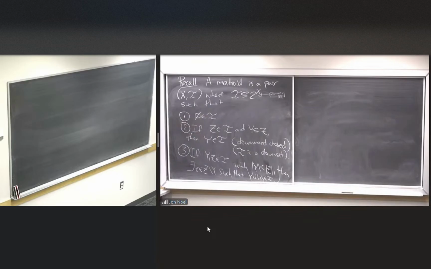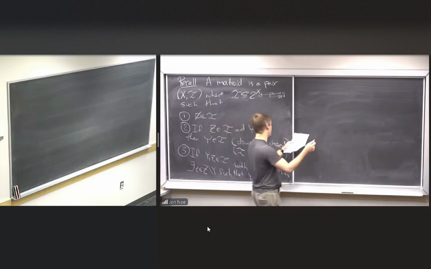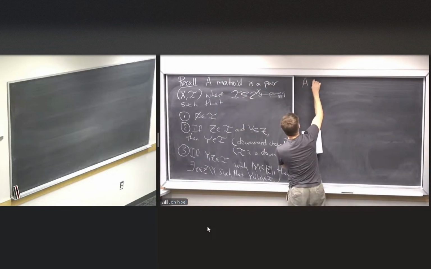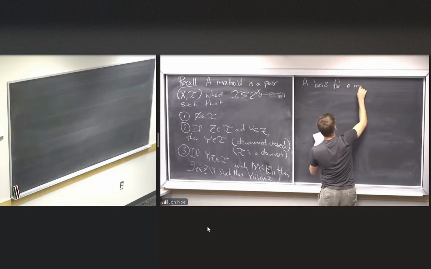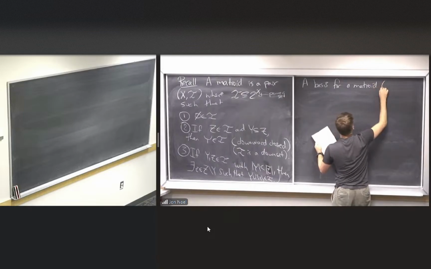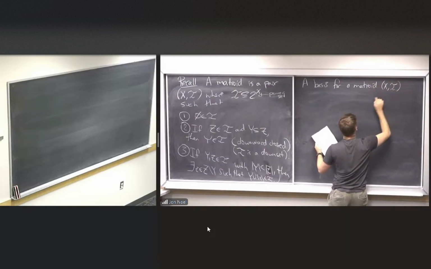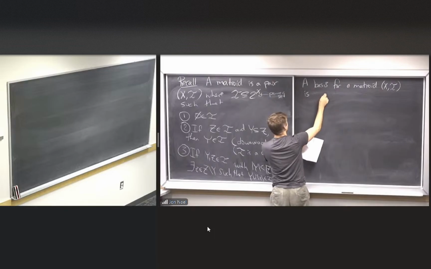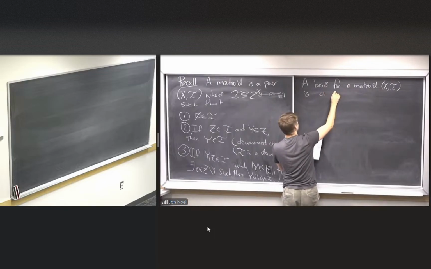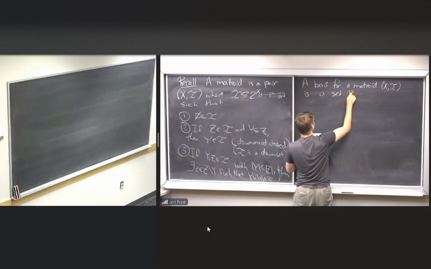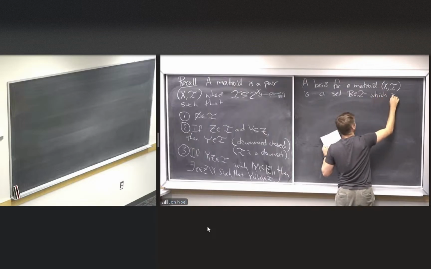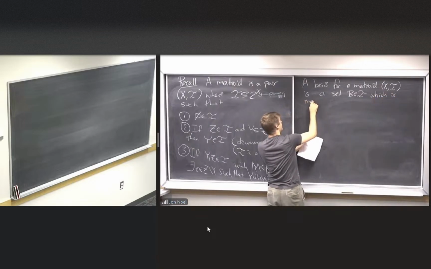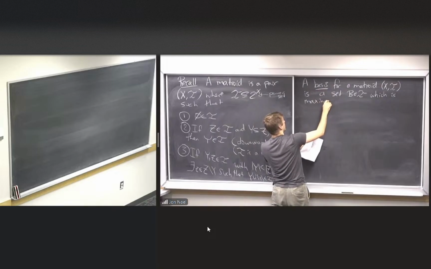So there are some alternative axioms based on bases and circuits. But let me remind you what those things are. A basis for a matroid (X, I) is a set B in I which is maximal with respect to this property.